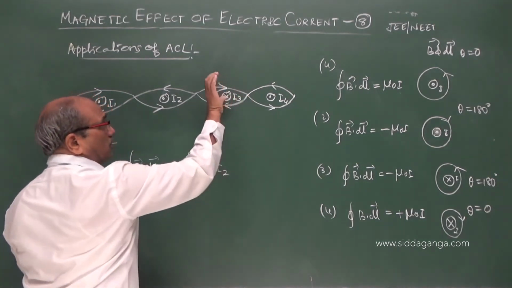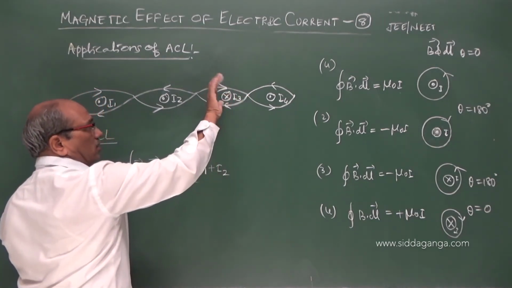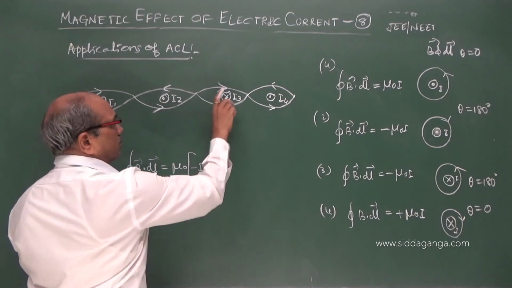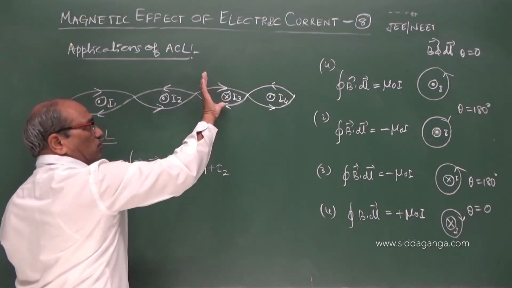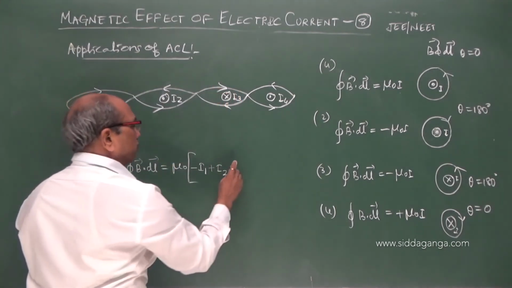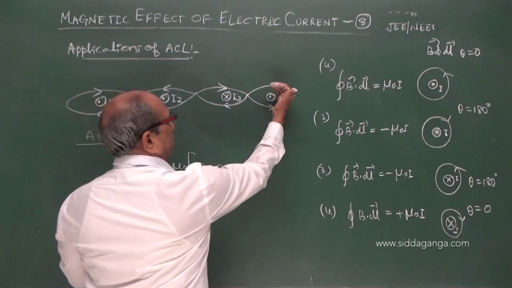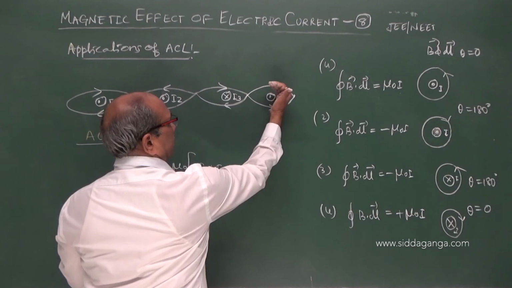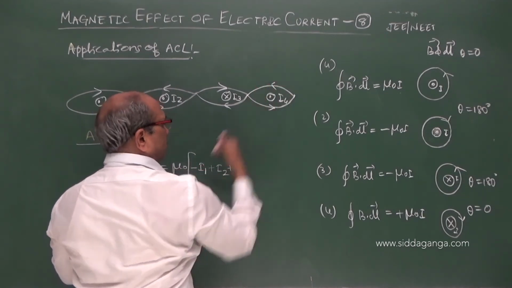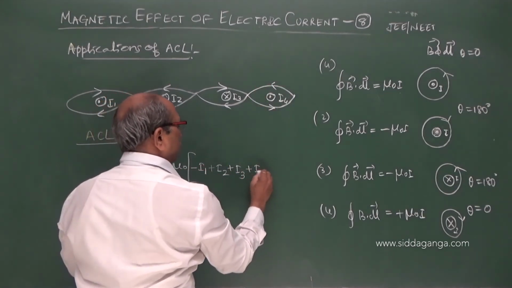And if you look, current is into the board, it is out like the same. Current is into the board and threading also same. Therefore plus I3. And if you look here again, the same. Plus and also anti-clockwise. Plus I4.